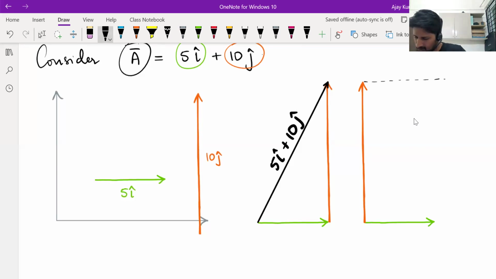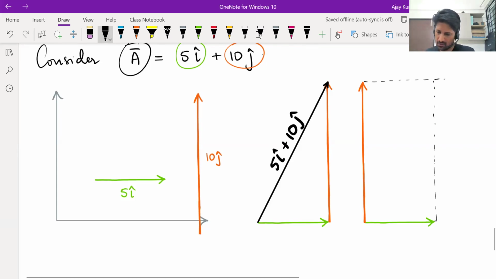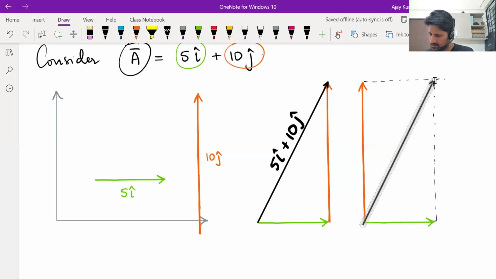And we know j cap is along the y-axis, so that other side will be parallel to the y-axis like this. So what I am doing now is completing the parallelogram. Once we complete the parallelogram, we know how to draw the resultant. With the same common tail, you draw a diagonal to the opposite corner. That becomes the resultant using parallelogram law of vector addition.